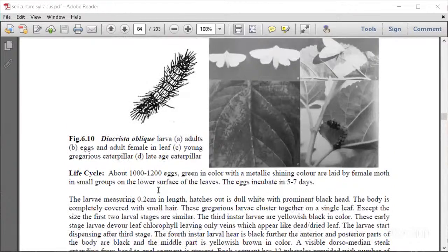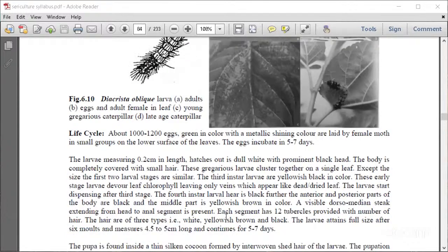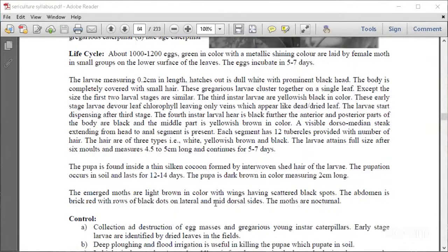These eggs incubate in 5 to 7 days. The minimum length of the larva is 0.2 centimeters. The pupa is found inside a thin silken cocoon formed by the interwoven shed hair of the larvae.